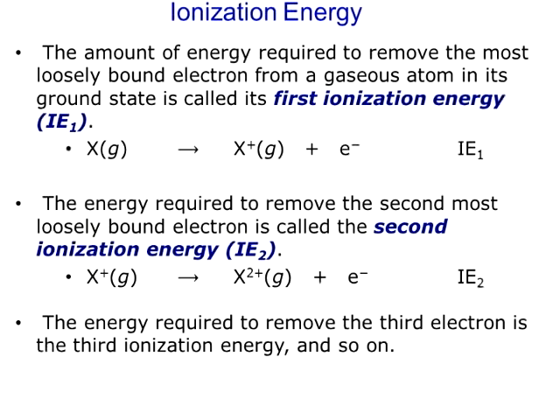Another important principle that comes out of understandings about atomic theory and quantum mechanics is the following. The amount of energy required to remove the most loosely bound electron from a gaseous atom in its ground state is called its first ionization potential. Really deep term, right? The first time it ionizes is called its first ionization potential. If it does it again, it's called its second ionization potential.